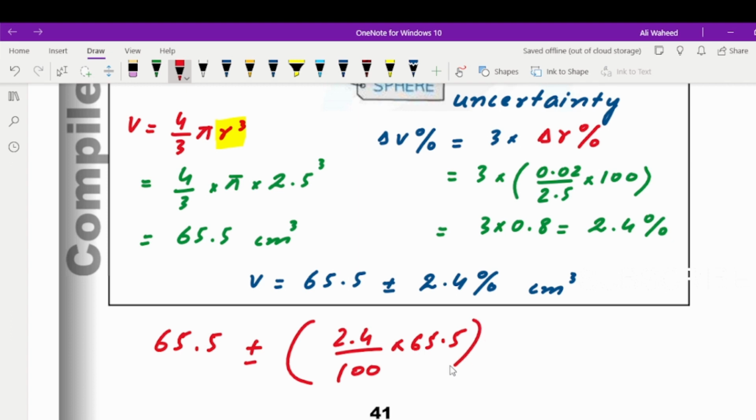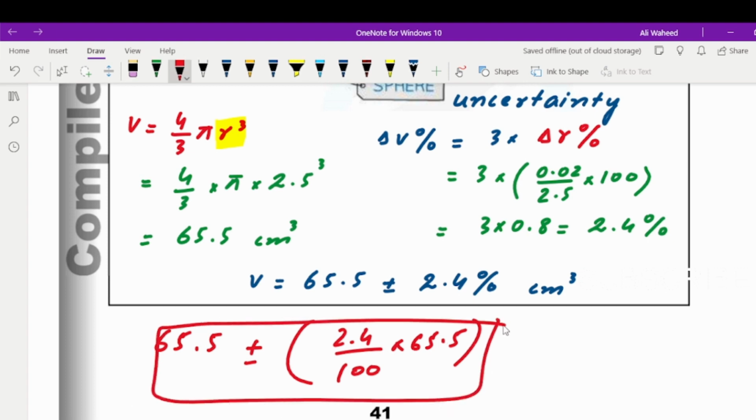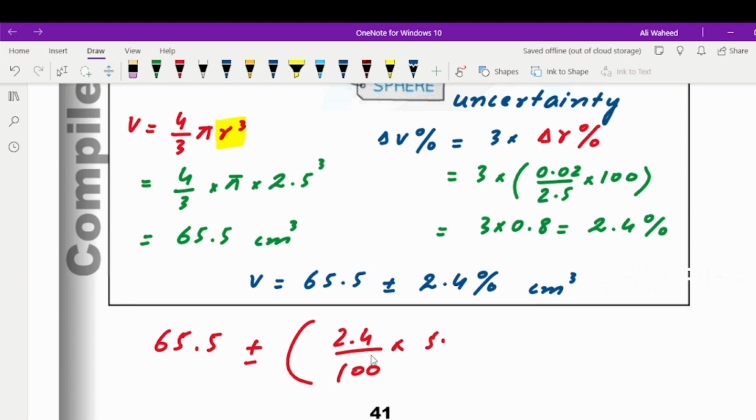So you can find out how much 2.4% of 65.5 is. That will be written with the plus minus sign with the principal value. But in this situation, there will be no percentage sign, because we have gotten rid of the percentage uncertainty. So either way you can write the final answer.